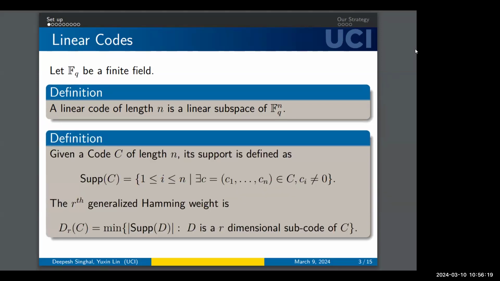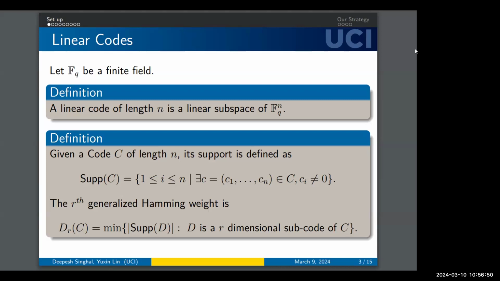Now, given a code, its support is defined to be the set of indices from 1 to n for which we have at least one vector in our code whose ith coordinate is not zero. So the support are those indices for which some vector in our code is non-zero at that coordinate.